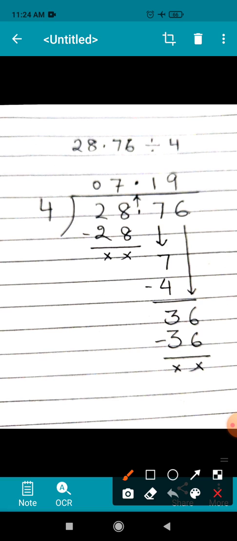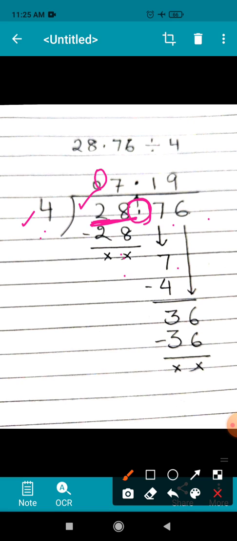Now let us see the second example. Here 28.76 is divided by 4. At a time you will take only one digit, but you are unable to read the table because this number is smaller than the divisor. So what will you do? You will put 0 on the quotient place and take 2 digits. Right? 4 7s are 28. Both numbers are cancelled. Now you have to copy down the next digit. But before that you can see there is a decimal.